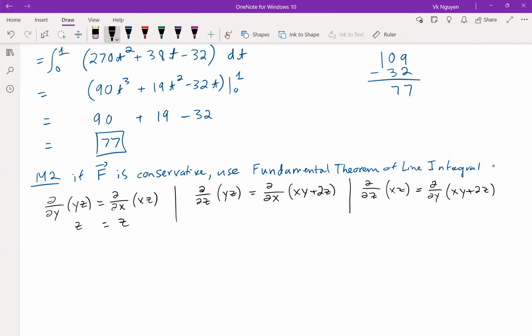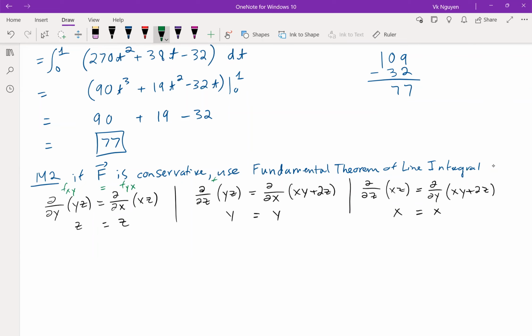Z, Y, Y, X, X. Good. In case you want to know what the heck I am doing here, I just do this f_xy, I'm going to show that it is equal to f_yx, right?